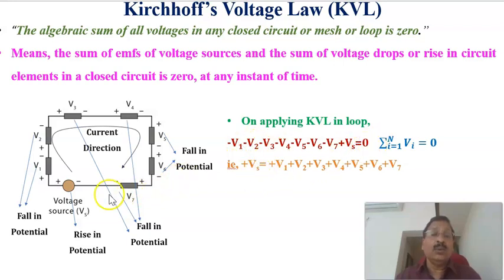Then we get the voltage source equation, that is VA equals V1 plus V2 plus V3 plus V4 plus V5 plus V6 plus V7. This is the KVL applied to this electric circuit, and this is required for the mesh current analysis.